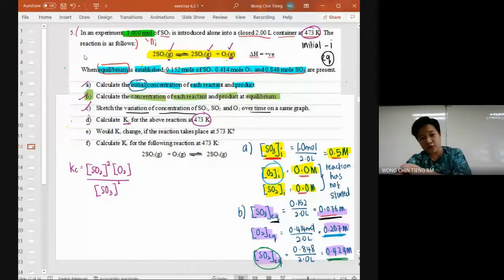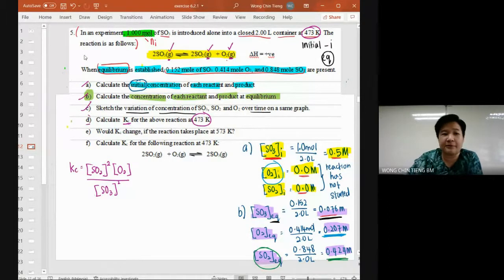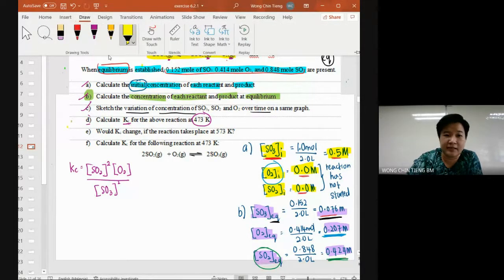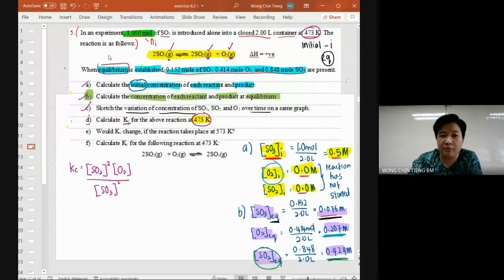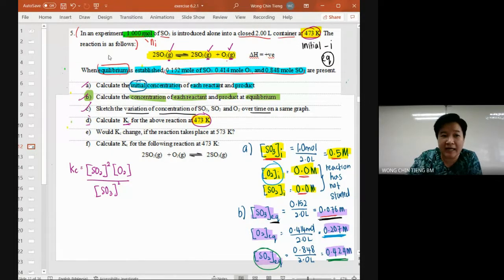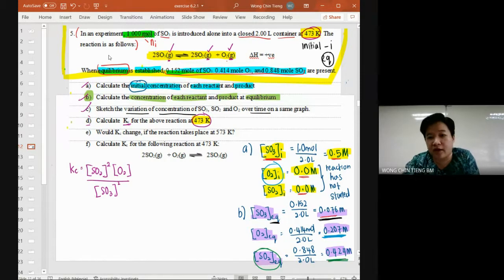Saya rasa Zul ada isu kat situ sebab dia bagi suhu. Betul? Ada masalah dengan suhu 473? Tak ada. Suhu akan jadi masalah kat soalan E nanti. Kenapa saya kata tak ada masalah kat sini, Zul? Sebab semua information yang dia bagi ke atas adalah at 473.